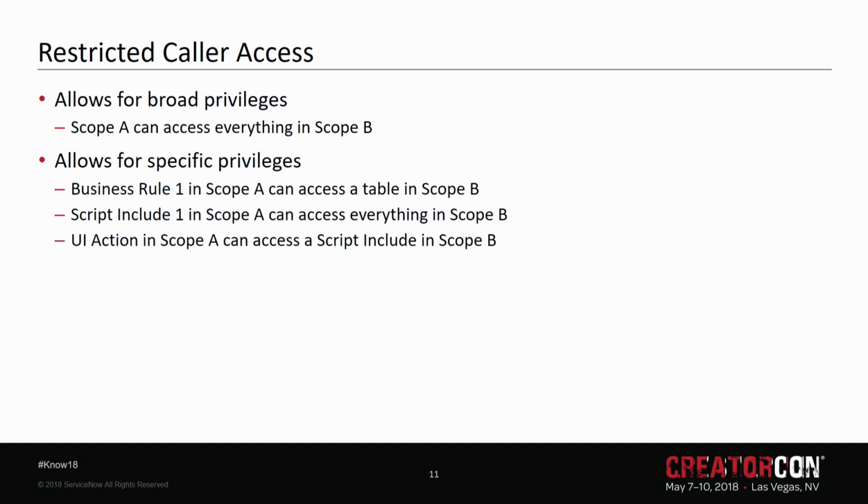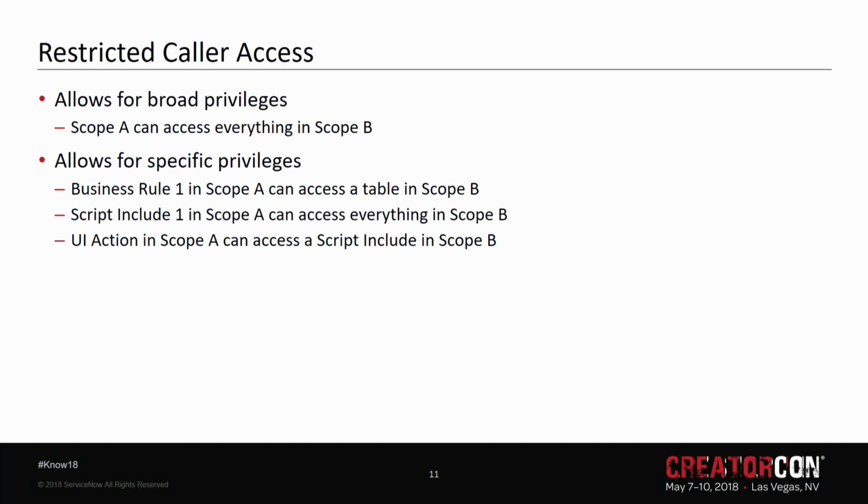Okay, so the question was about nested script includes. So each script include runs within the scope of the application that it's a part of. So if application in scope A is calling a script include in scope B, during that running through that script include, that should be running within that application scope.